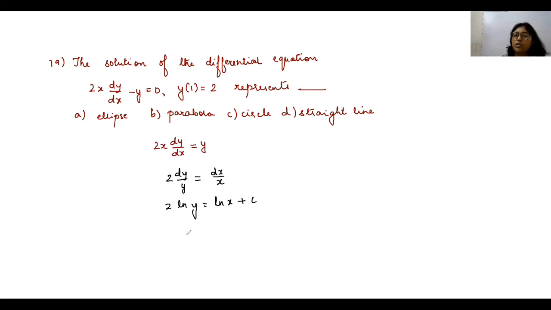So it becomes 2 log y is equal to log x. Rather, we will write here log c, so we can combine it and write log xc. Removing log from both sides, y square is equal to xc, which is a parabola. We need not substitute this value also. Without that also we know it is going to be a parabola.